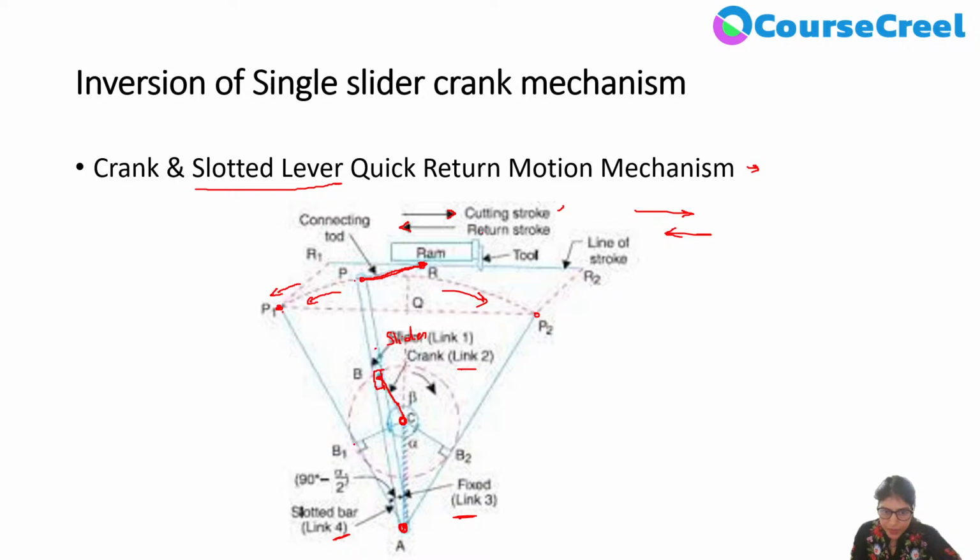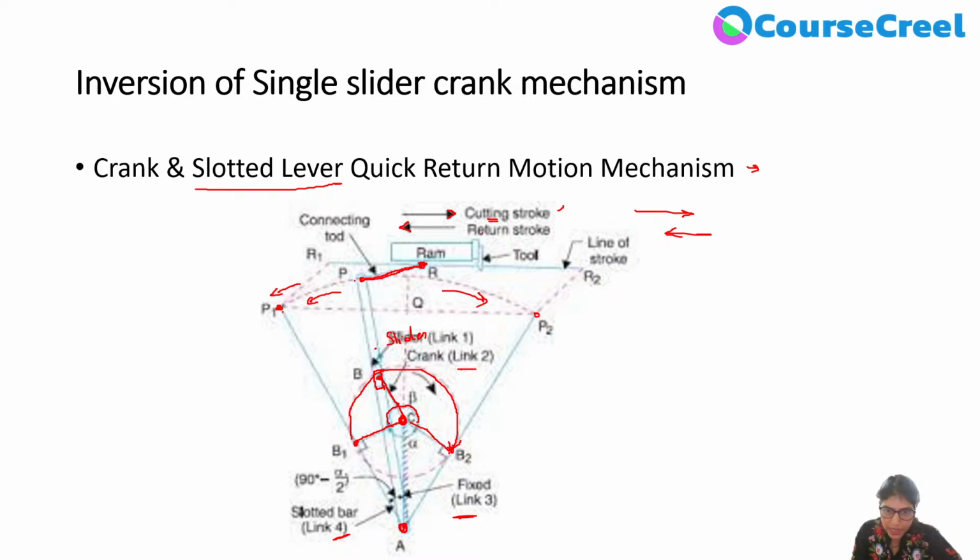Here you can see two positions B1 and B2, and the point where the crank is going to rotate, the turning pair with the fixed link, is C. If the crank is moving from CB1 to CB2, this complete rotation is denoted by angle beta. When the crank has this rotation from B1 to B2, the stroke will be the cutting stroke, and this is denoted by beta.